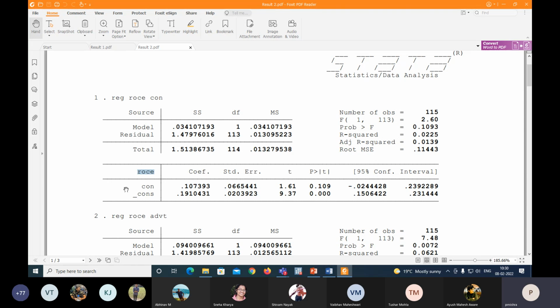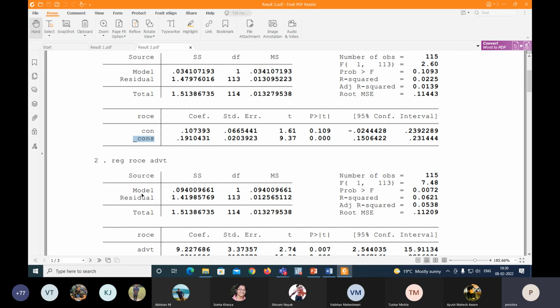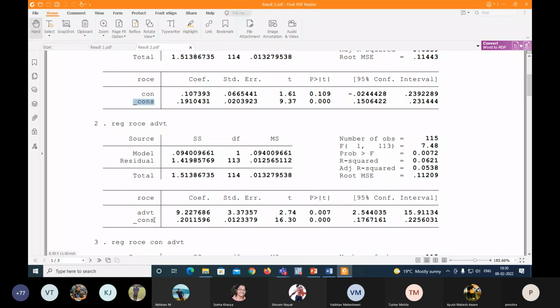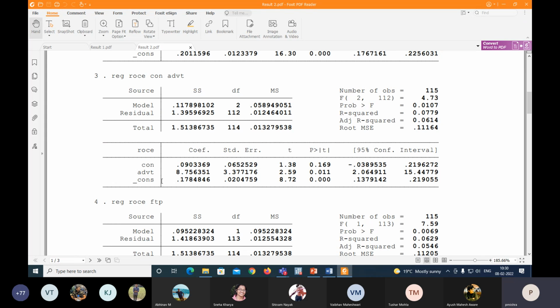And this CON is basically the independent variable. Here it stands for market concentration. And this underscore cons is basically the intercept. You see, this is common across the models.